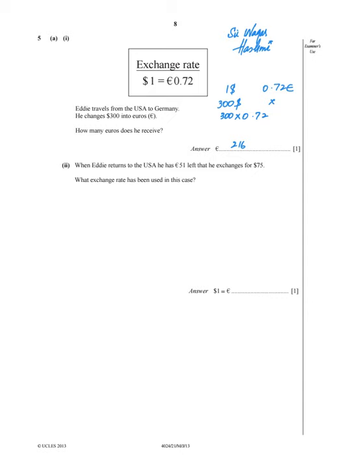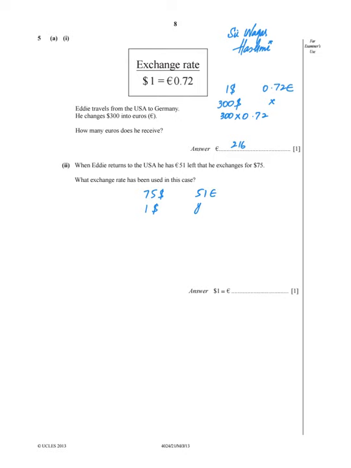After that, when Eddie returns to USA, he has 51 euros left, and he exchanges it for $75. What exchange rate has been used in this case? Now it says that $75 is equal to 51 euros, right? So if he has $1, what is the amount of euros he has?